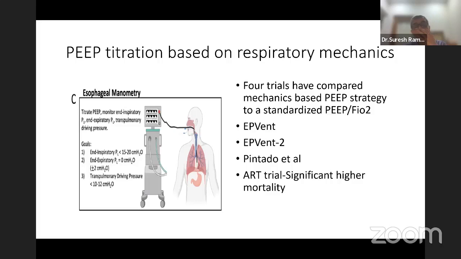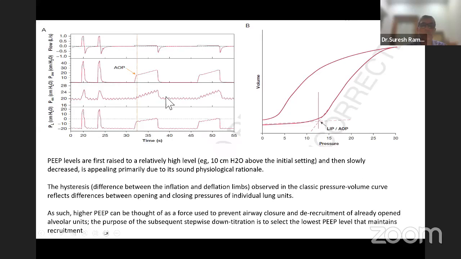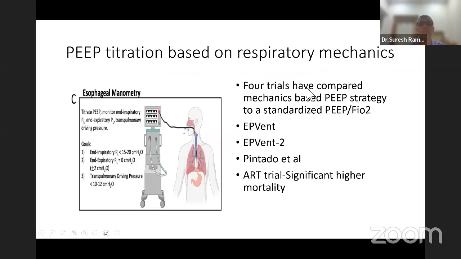You can also titrate PEEP based on respiratory mechanics using esophageal manometry, because, as I said, looking at the esophageal pressure becomes very important. We have 4 trials that have compared these strategies: EPVENT 1, EPVENT 2, Pintado's trial, and the ART trial. EPVENT was a positive trial, EPVENT 2 was equivocal, and the ART trial actually showed a significantly higher mortality.